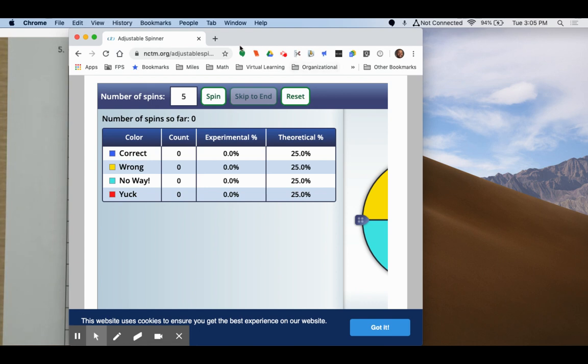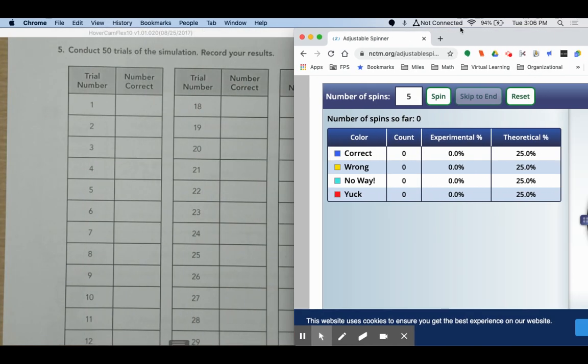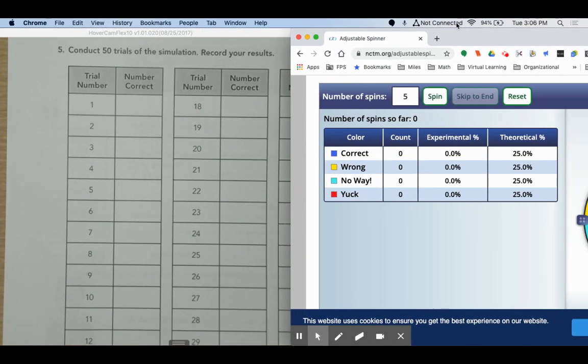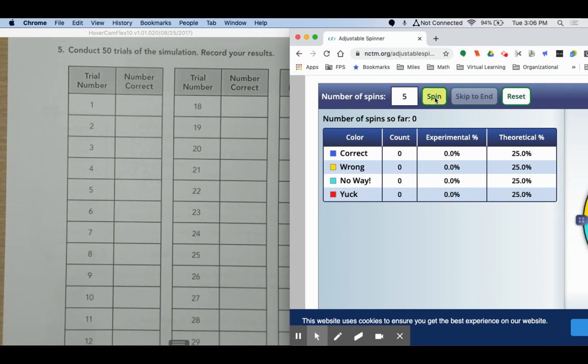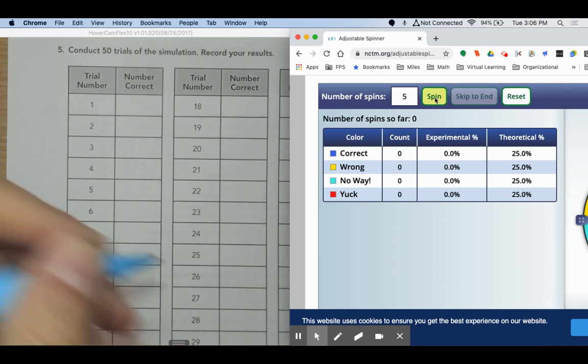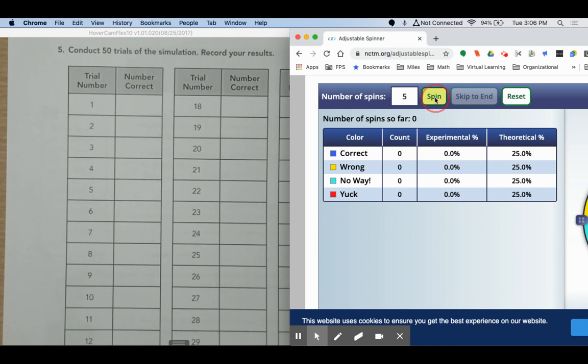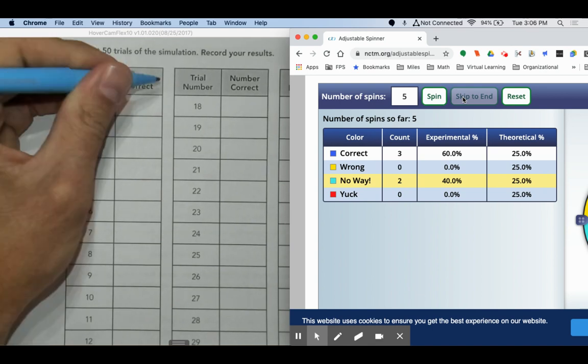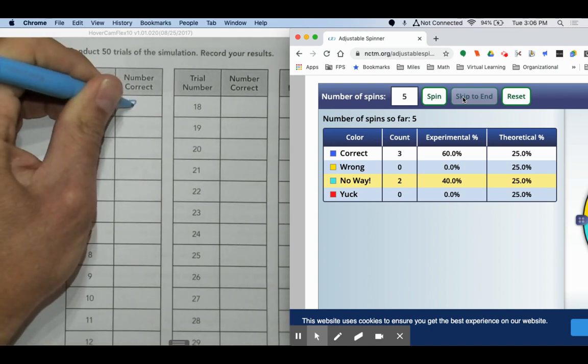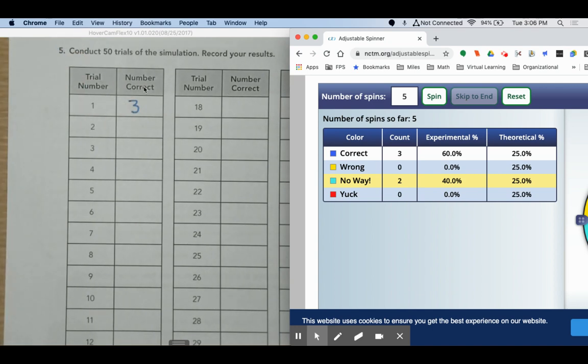I'm just going to minimize that because we don't need to see a spinner going around. If we get started with this and we spin, skip to the end, it gives me my first result, a nice number of 3 correct.